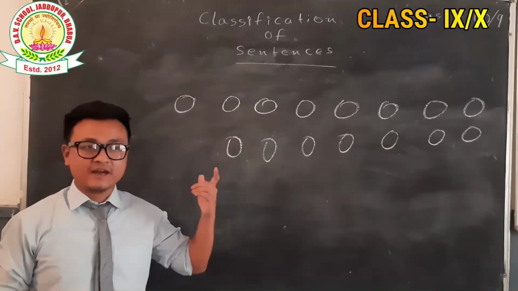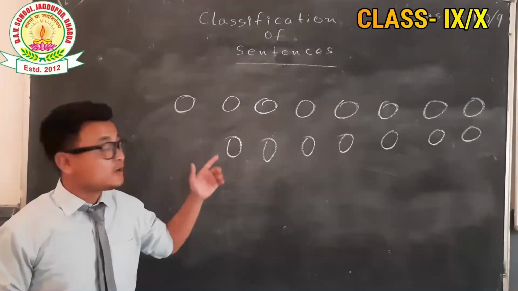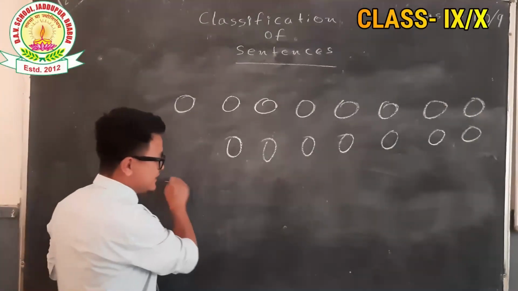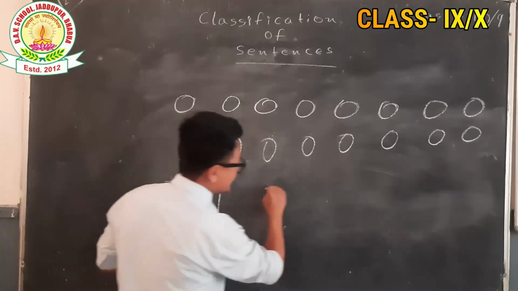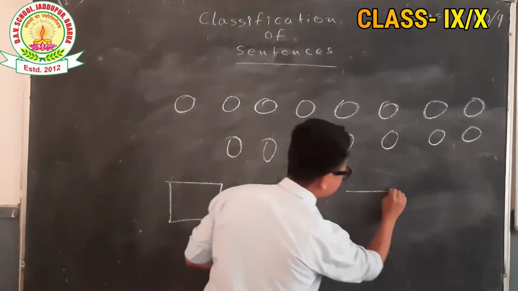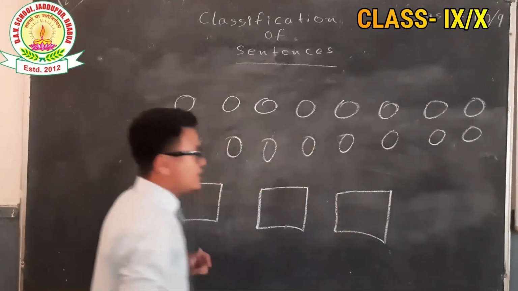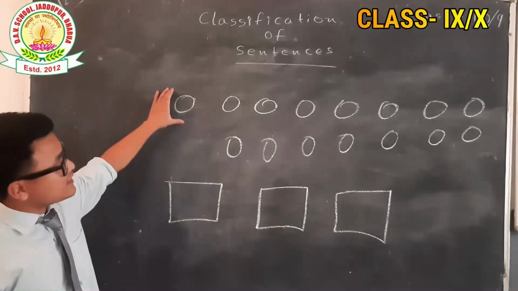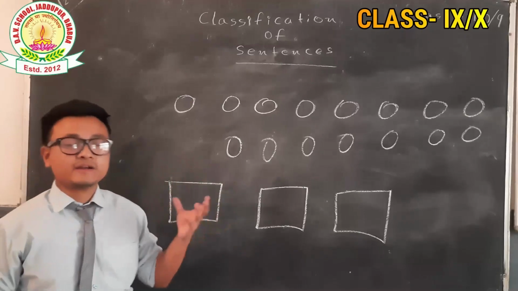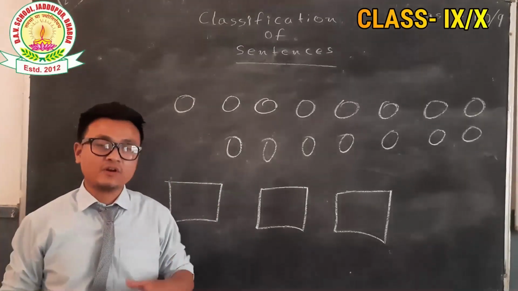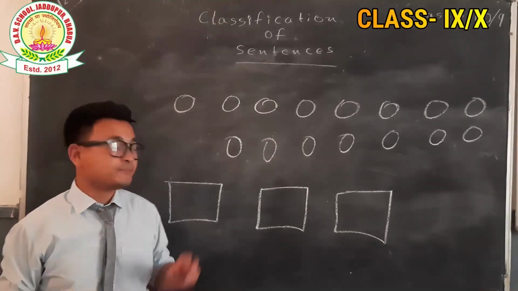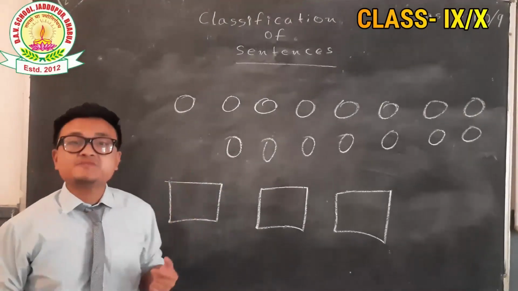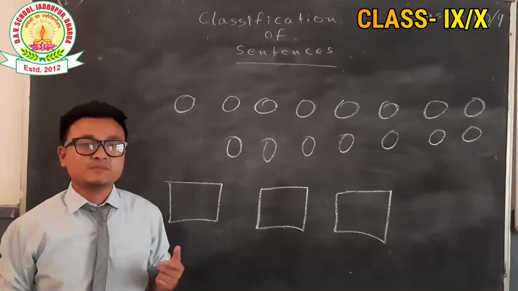You will definitely think about what type of features I should look at on these balls to separate them into these three boxes. Definitely first we will notice the color of the ball, the size of the ball and the shape of the ball. So here we have 15 balls, and the feature we find here is the color.